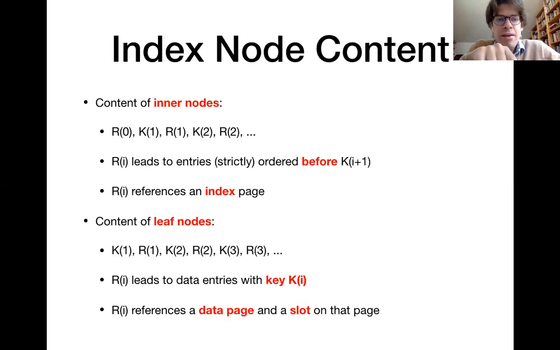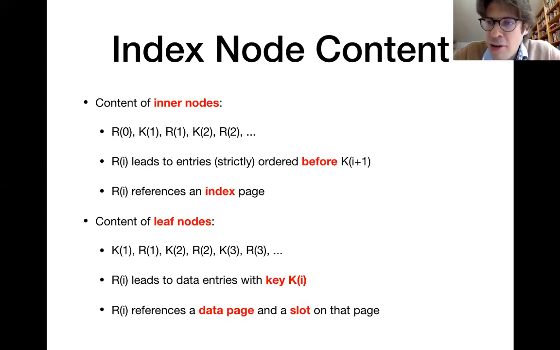So here, for instance, reference 1 would point to entries that come strictly before search key number 2. So if you're searching for something, then you just need to identify the corresponding key value range within one of those inner nodes in order to know which index node you need to look at next.